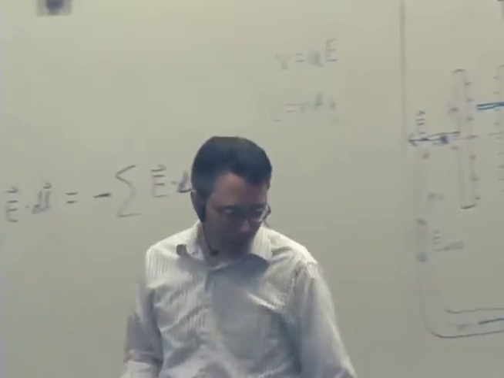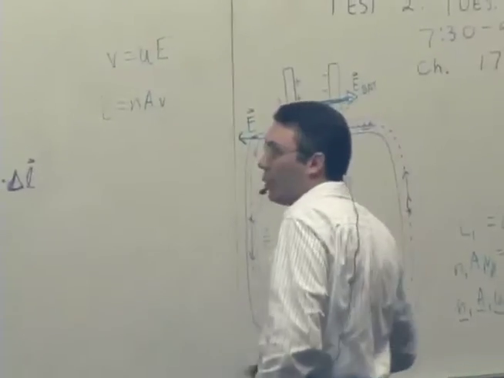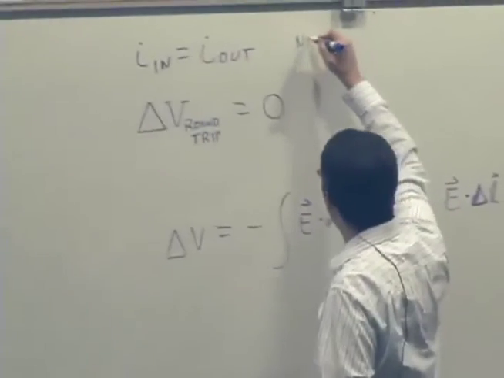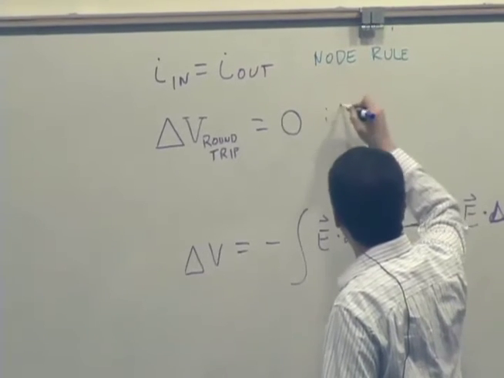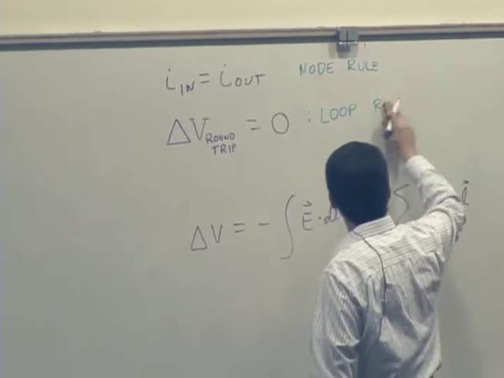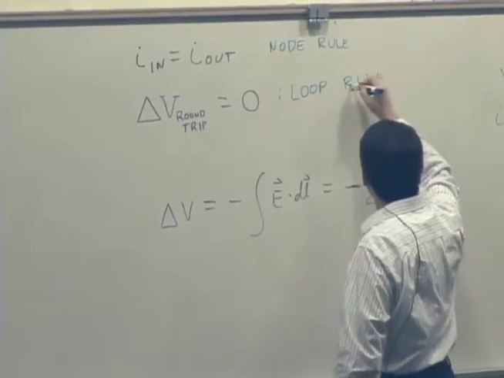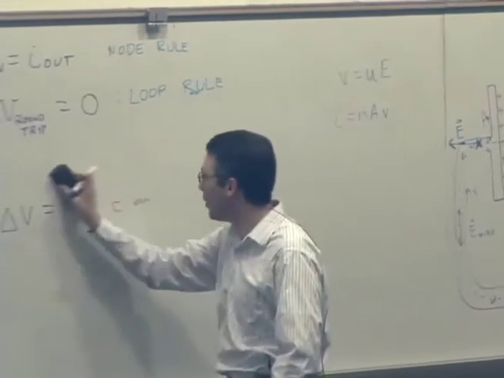So that means if I want to apply this, what we're going to call the node rule. Sometimes this is called the loop rule because we're talking about going around in a loop, okay, picking some path that goes around in the loop.